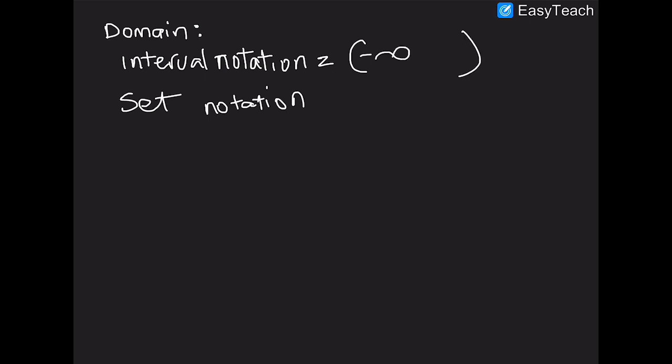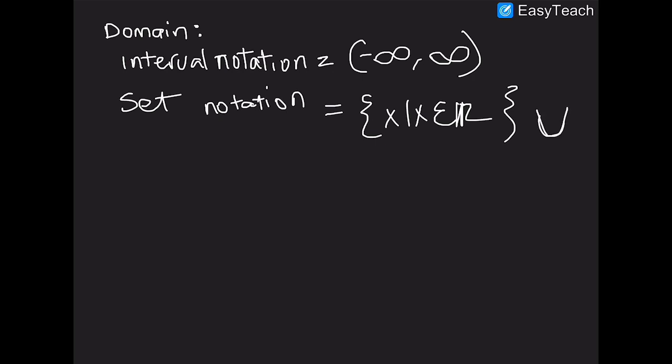And it's usually negative infinity to positive infinity. Then we have our set notation, which is like the curly brackets that I never learned how to draw properly. But then it's pretty much x exists in the reals. For this equation, if you had the sideways parabola, it's going to be a little different. But since it's an upward parabola, or it could be a downward parabola, either way, you're going to have this as your domain. So the domain is pretty simple.